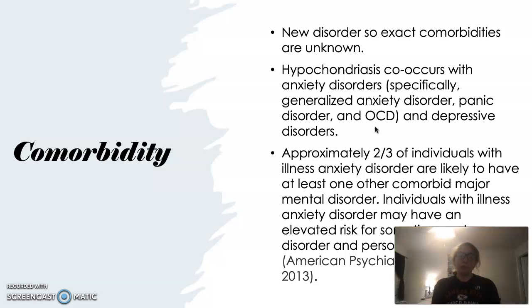And approximately 2/3 of individuals with illness anxiety disorder are likely to have at least one other comorbid major mental disorder. And individuals with illness anxiety disorder may have an elevated risk for somatic symptom disorder and personality disorders. And again, these statistics aren't specific to illness anxiety disorder because it's new, but hypochondriasis is close enough that we can kind of get an estimate.